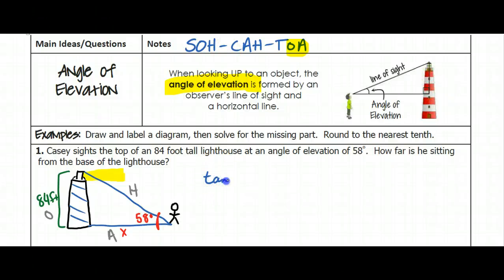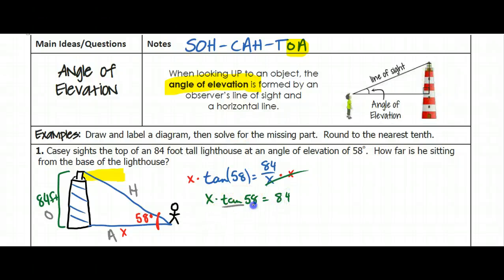Here we go. Tangent of 58 degrees equals, and now we set up O over A, so that would be 84 over X. What would we do next? That's right. We'd multiply both sides by X. That clears out the denominator there, and we have X times the tangent of 58 equals 84.